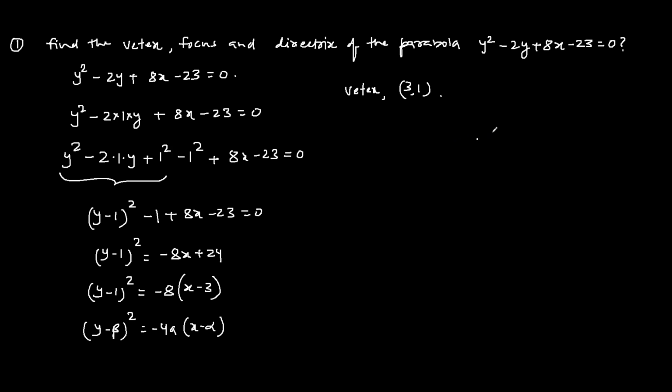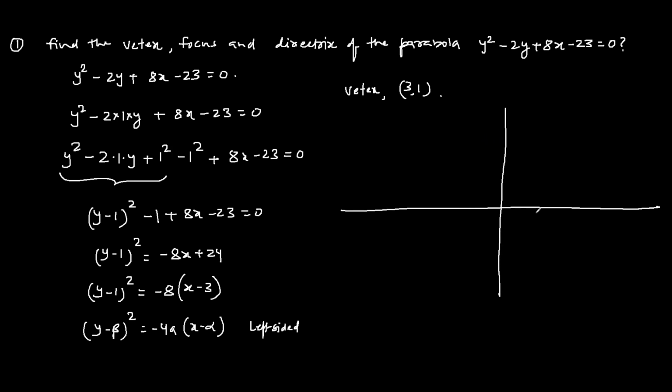Now we have to find the focus and directrix. Let's roughly draw this parabola. This parabola is a left-sided parabola, and its vertex is at 3 comma 1. So 1, 2, 3, and on the y-axis we have 1.